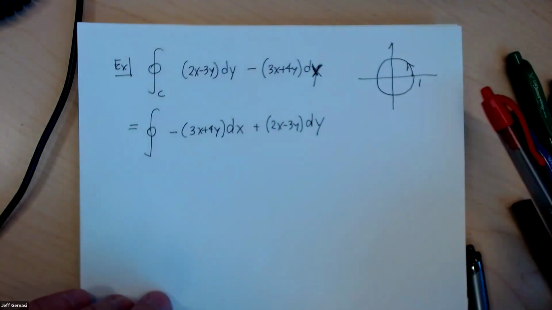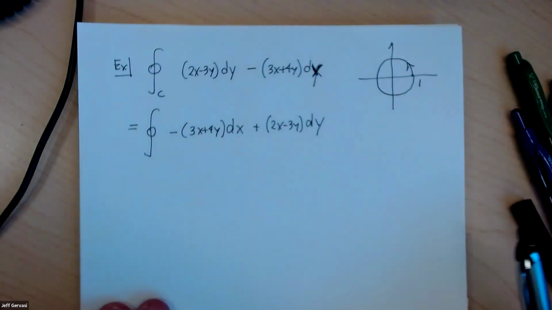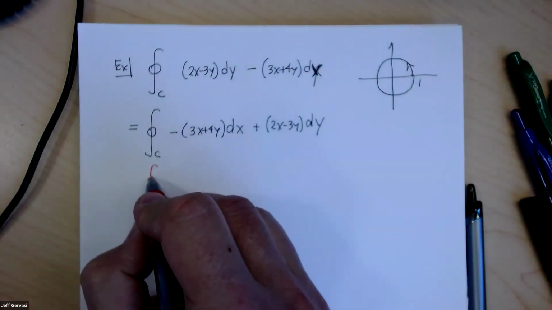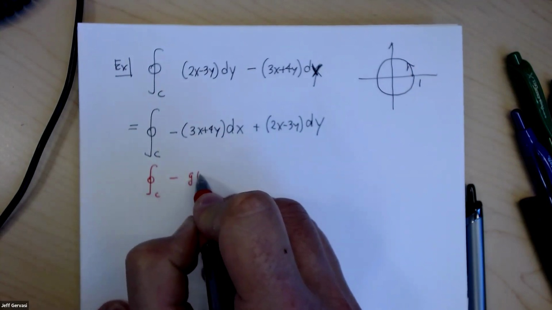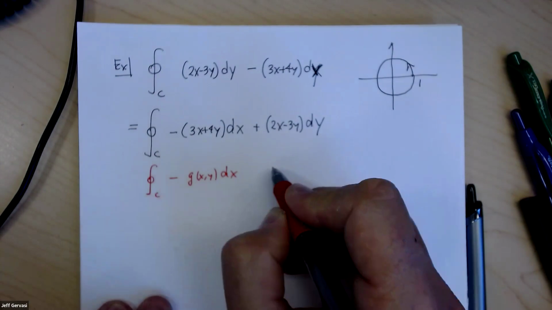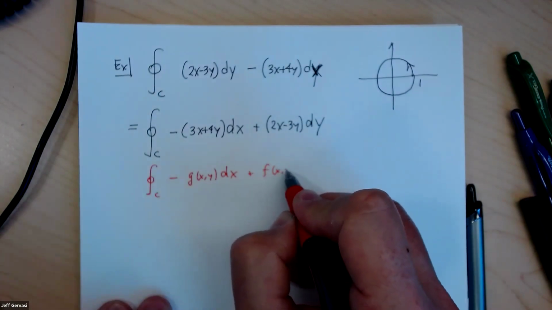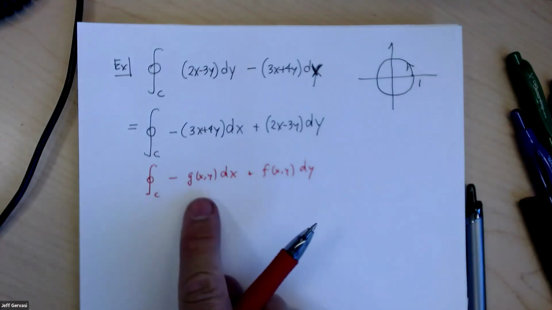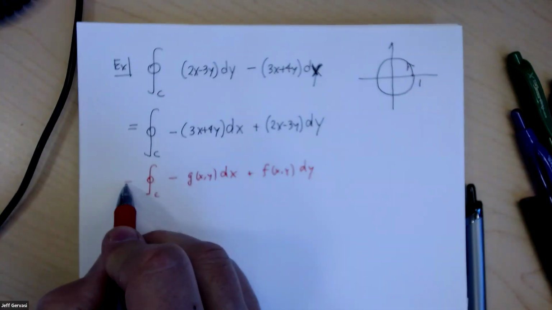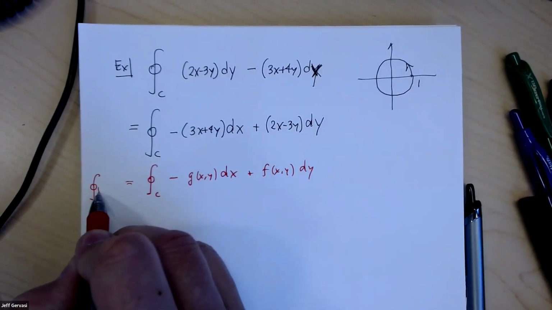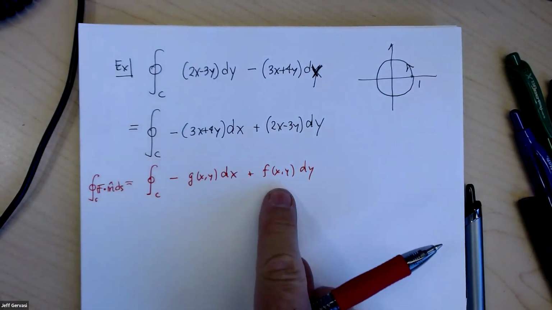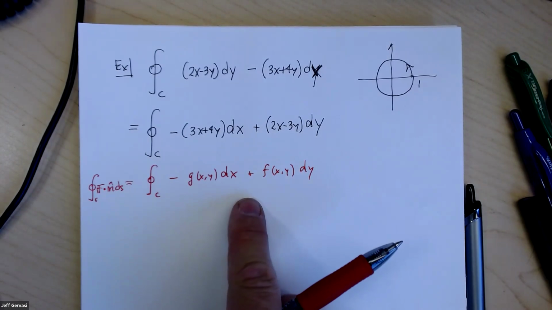Okay. Now I want to show you something. I want to compare this integral to this one. You recognize this one? Yeah, that's the flux form of a line integral, right? That's actually this. Okay. So that means to apply Green's theorem to this, I'm going to use the flux form of Green's theorem.